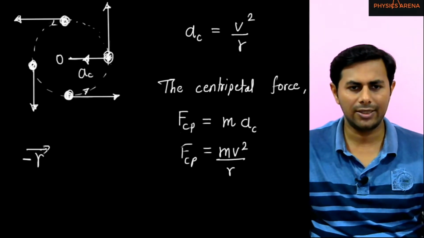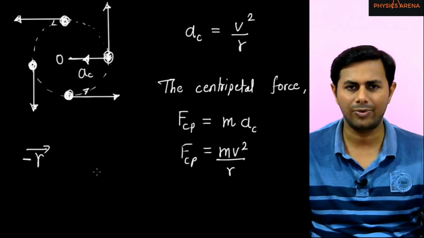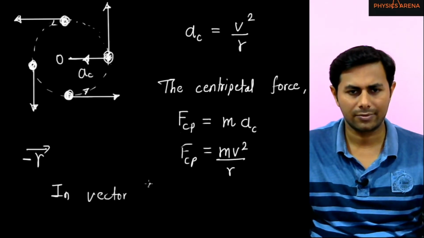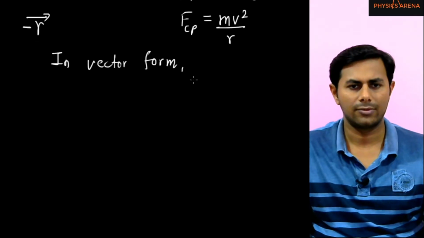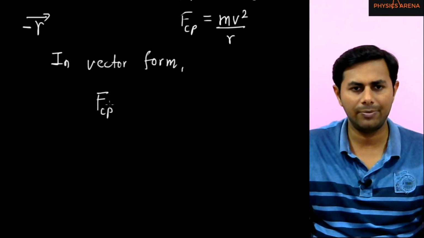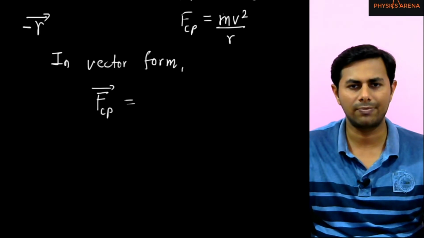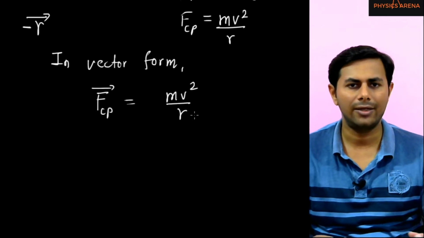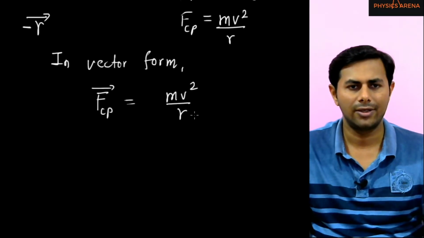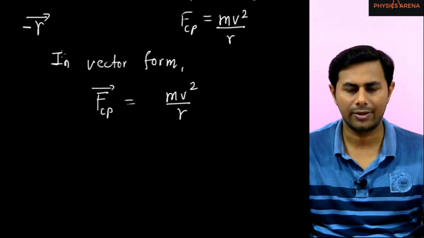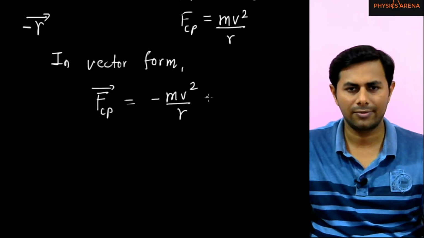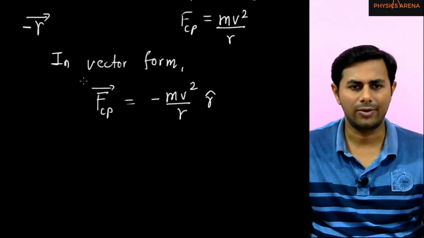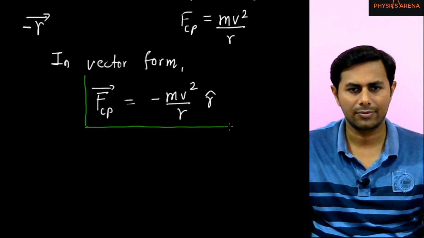Using this I can represent the centripetal force in vector form. So in vector form I can write Fcp bar equals the magnitude mv squared over r multiplied by the unit vector in its direction, which would be minus of r cap. So this is the formula for the centripetal force in vector form.